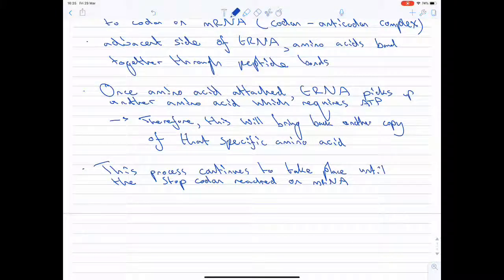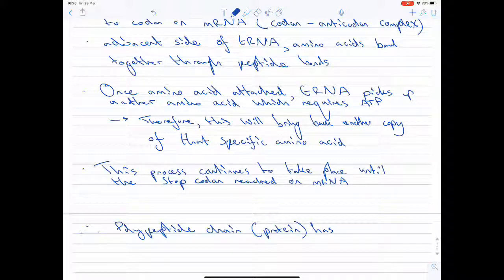So once we've reached the stop codon, therefore polypeptide chain has been synthesized. And synthesized basically means it's been produced now. Okay, that's it. That's 10 marks.